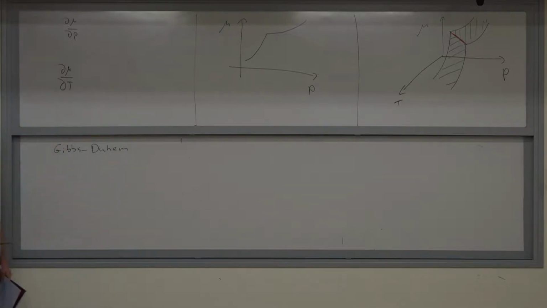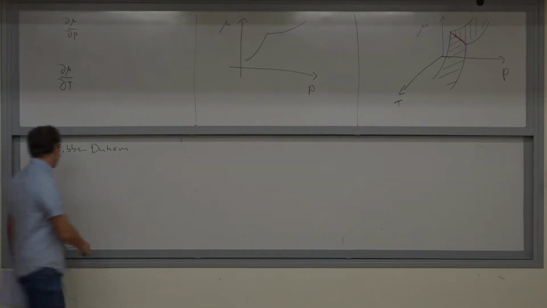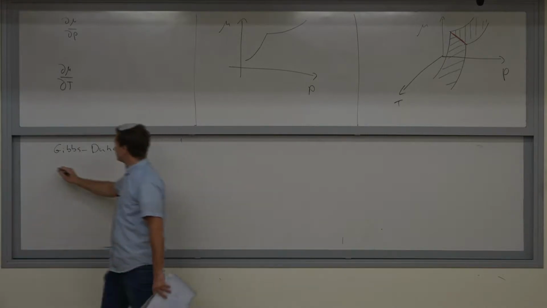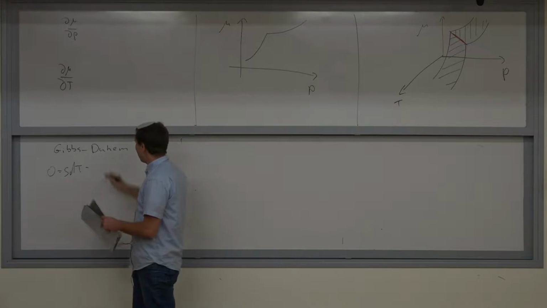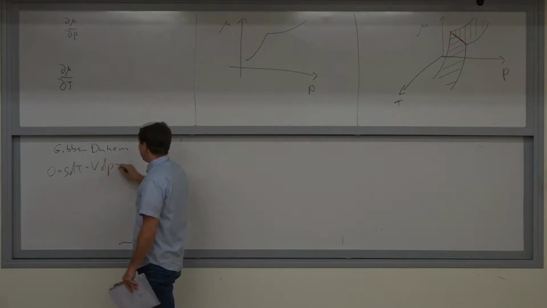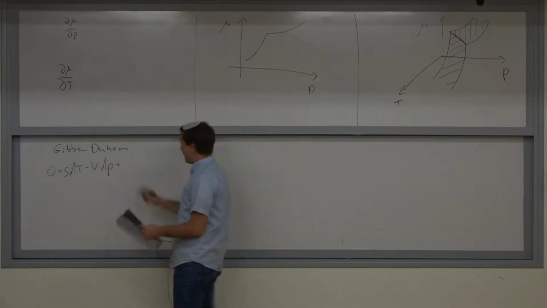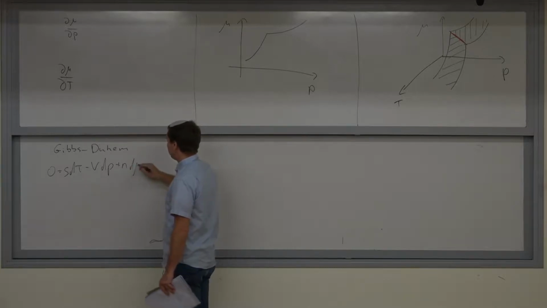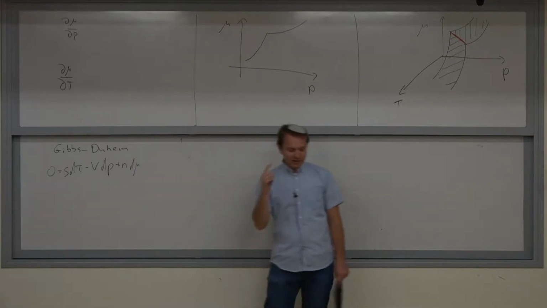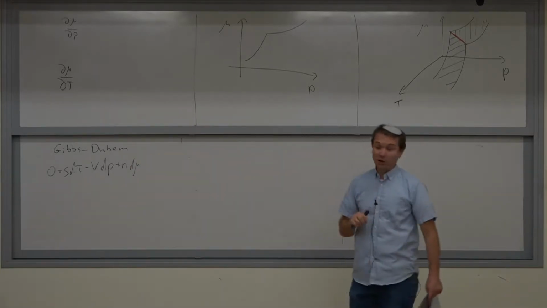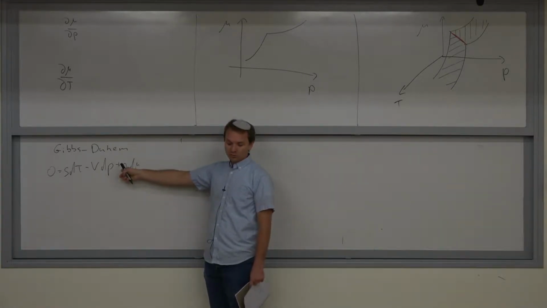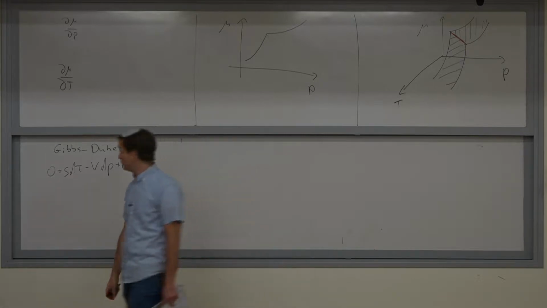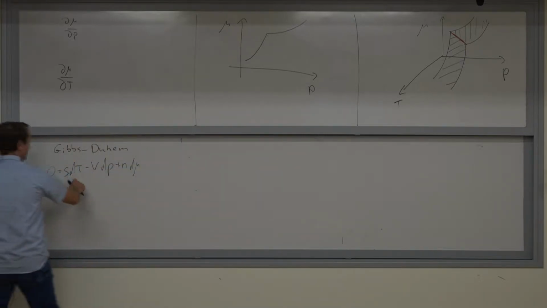What does the Gibbs-Duhem equation actually look like? It's 0 equals S dT minus V dP plus N d mu. So if we have only one type of molecules, where N is the number of moles of the molecules, we derive this equation.